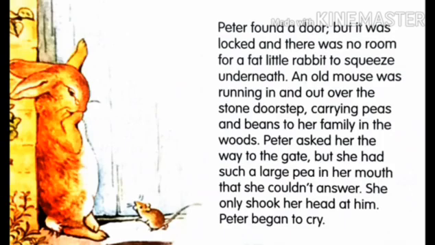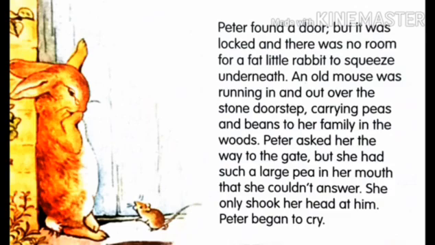Peter began to cry. Now, what happened? Was she able to give the answer? No, the mouse was unable to give the answer because of the large pea. Large here means very big. She just shook her head. Shook means she just shook the head, but we cannot understand the answer.